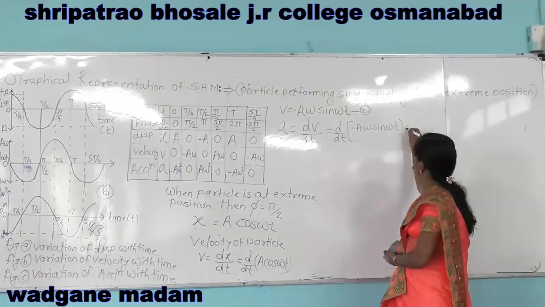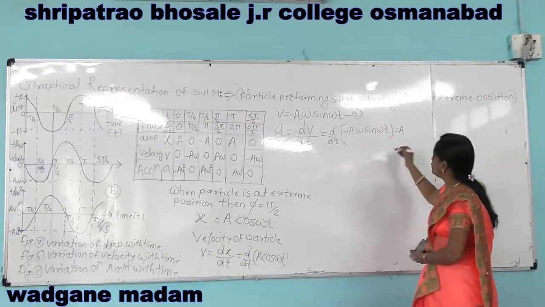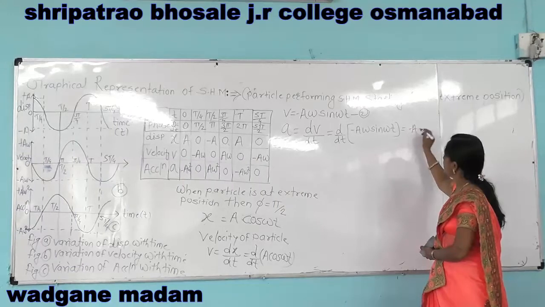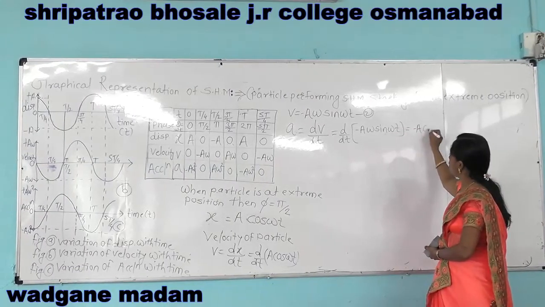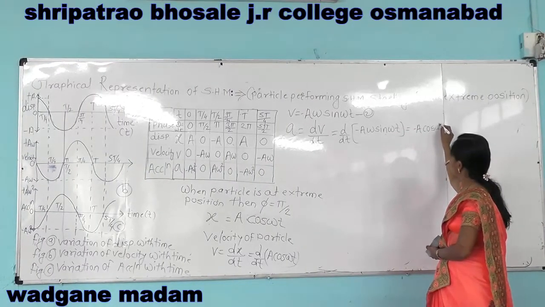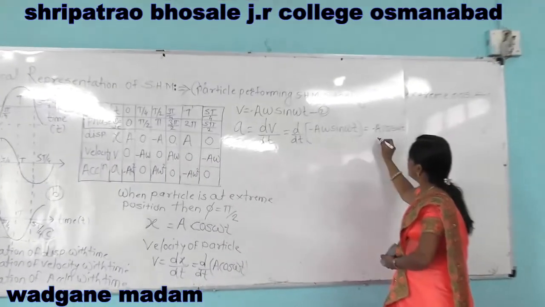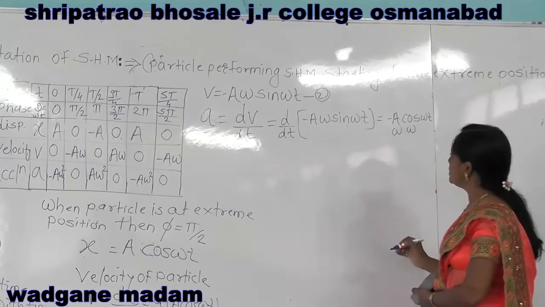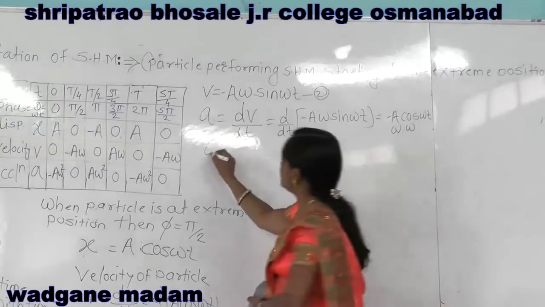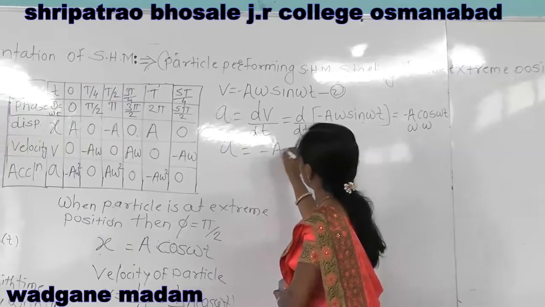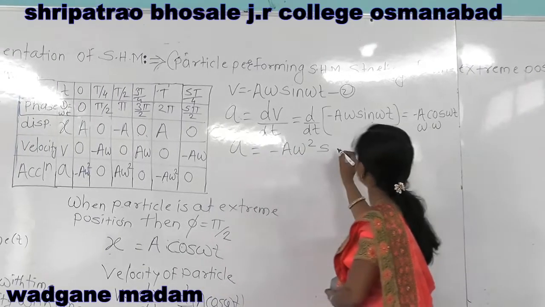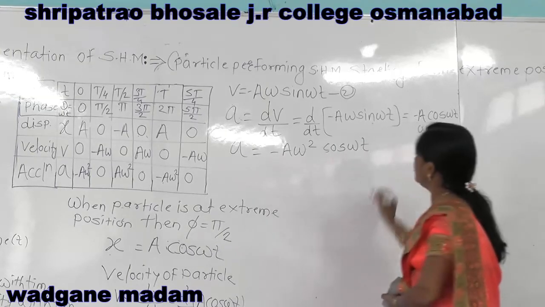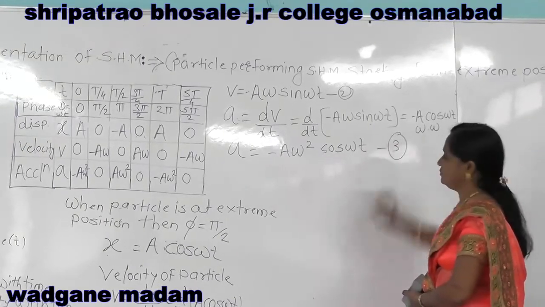The derivative of sin is cos omega t, and with respect to omega t another omega is present. Therefore we get a is equal to minus a omega square cos omega t. Say this is equation number 3.